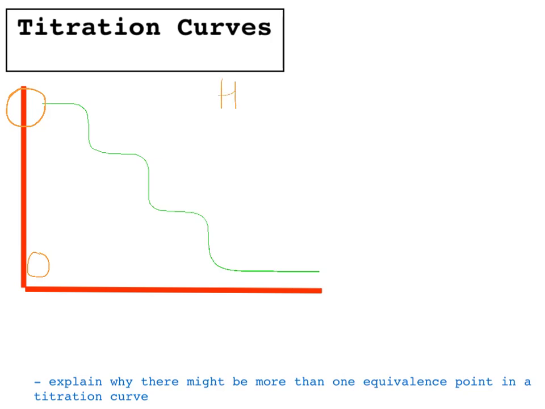So phosphoric acid has the, sorry, I'm just going to draw that somewhere else. Phosphoric acid has the formula H3PO4, and sodium hydroxide has the formula NaOH. So what can happen is that one hydrogen can be displaced by a sodium at a time.